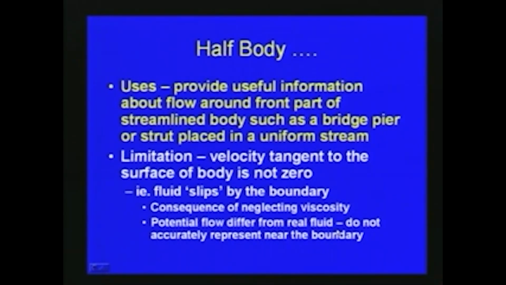Near the boundary these theories are not valid, but beyond that we can definitely use potential flow theory and the half body concept to find the streamlines or the flow surrounding a bridge, pier or a strut placed in a uniform flow. So, that is about the half body.